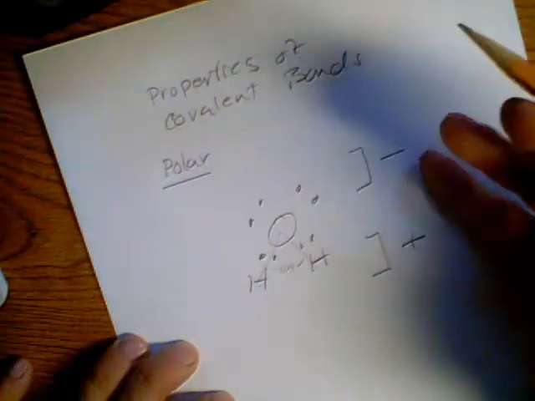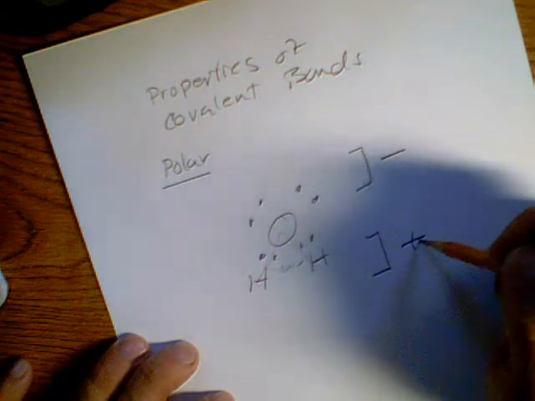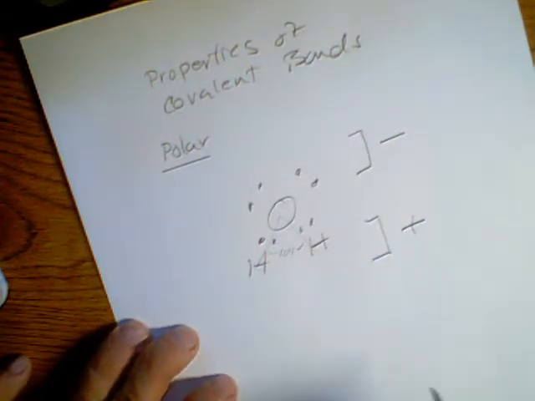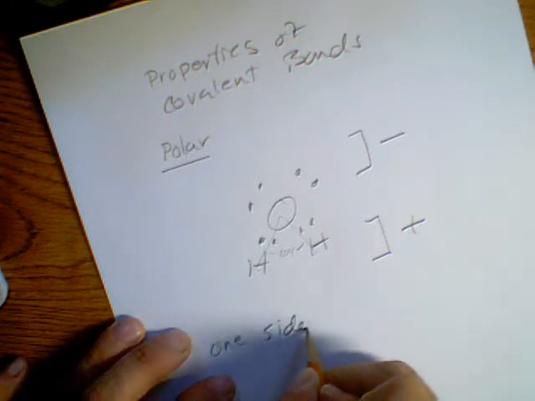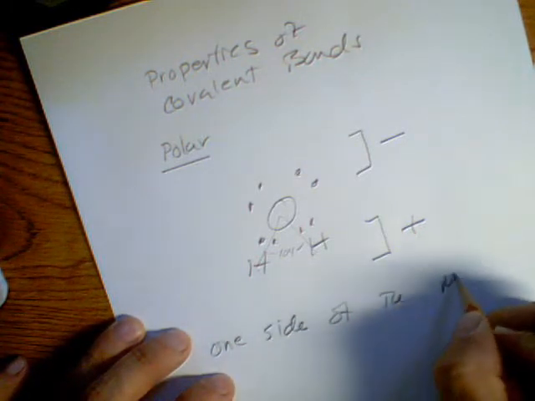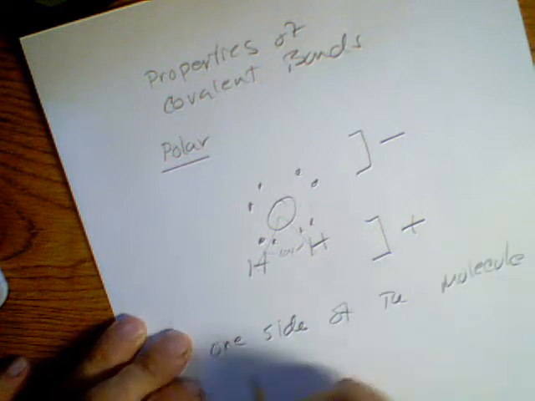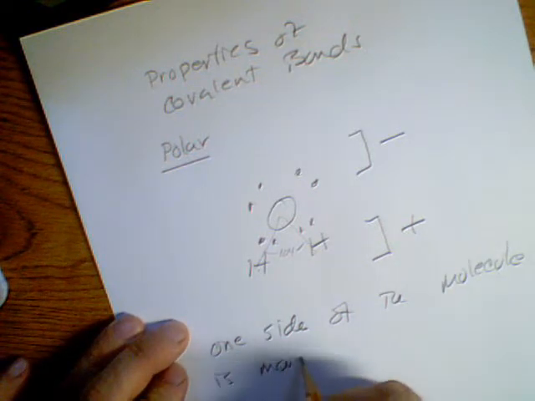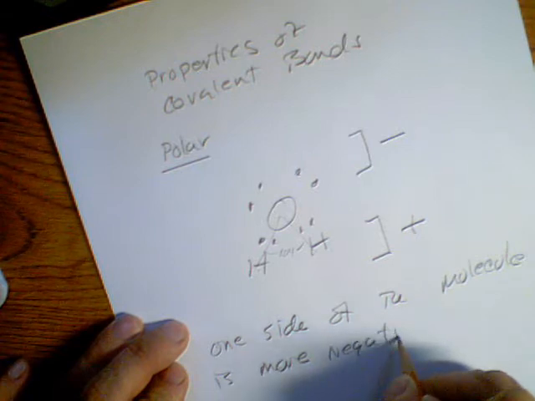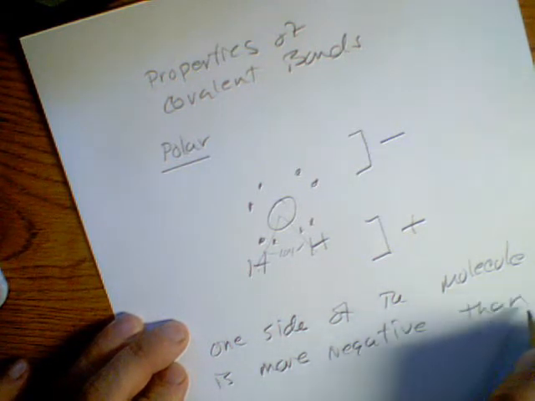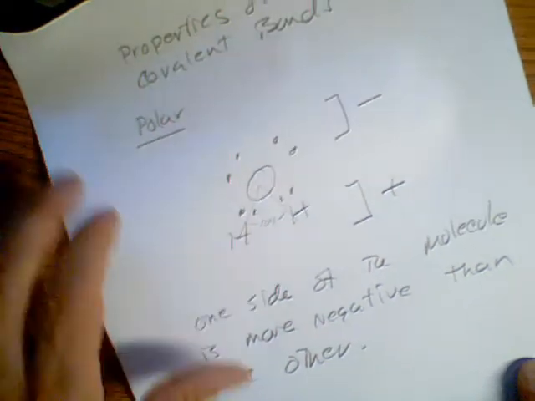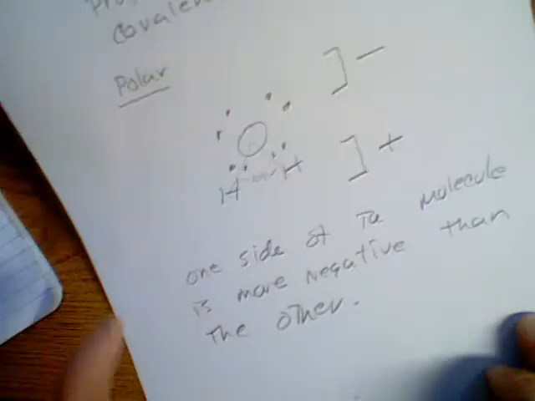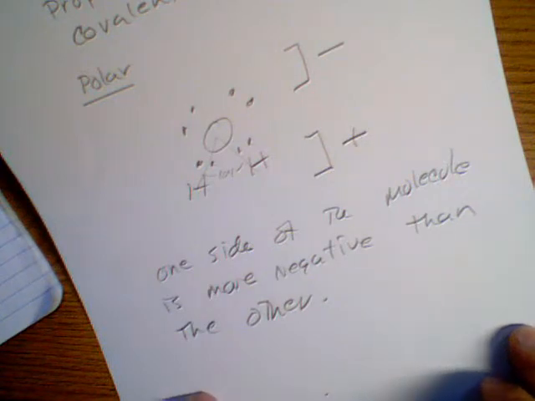What it means is it has a negative and a positive end. One side of the molecule is more negative than the other. That's basically what is meant by a polar molecule.